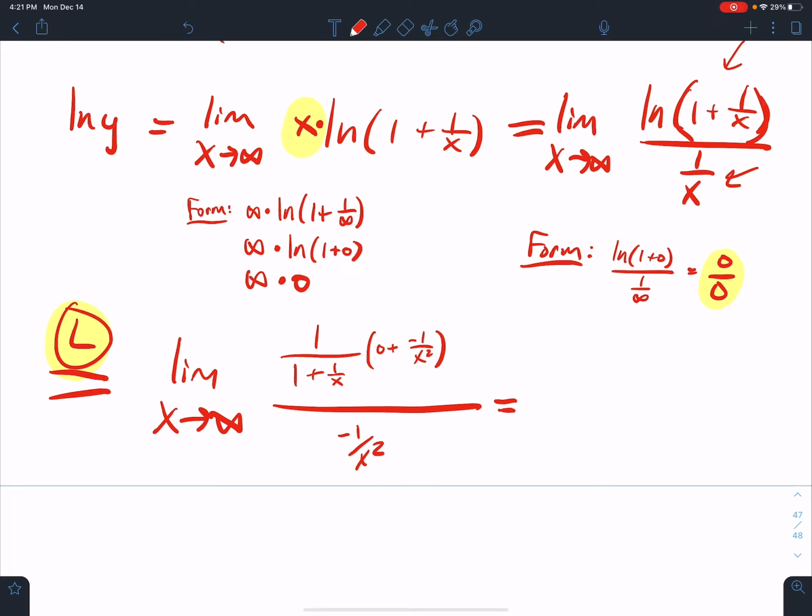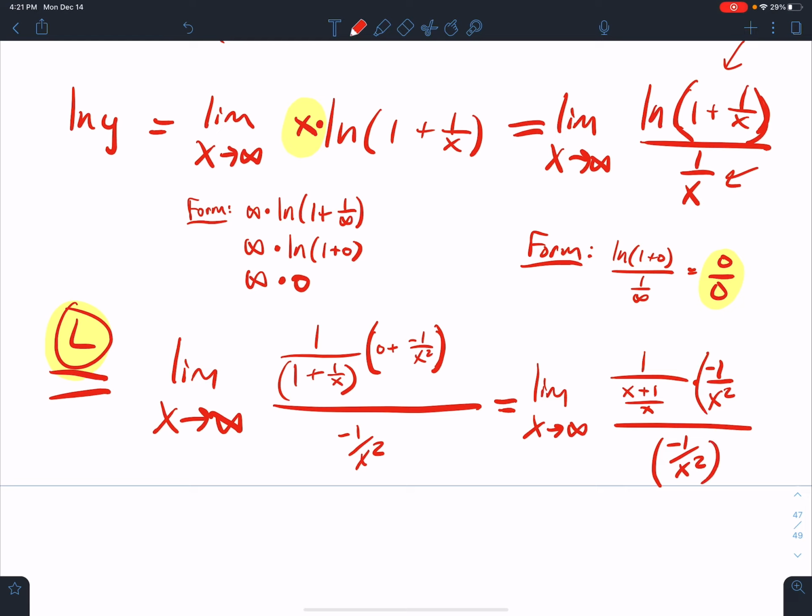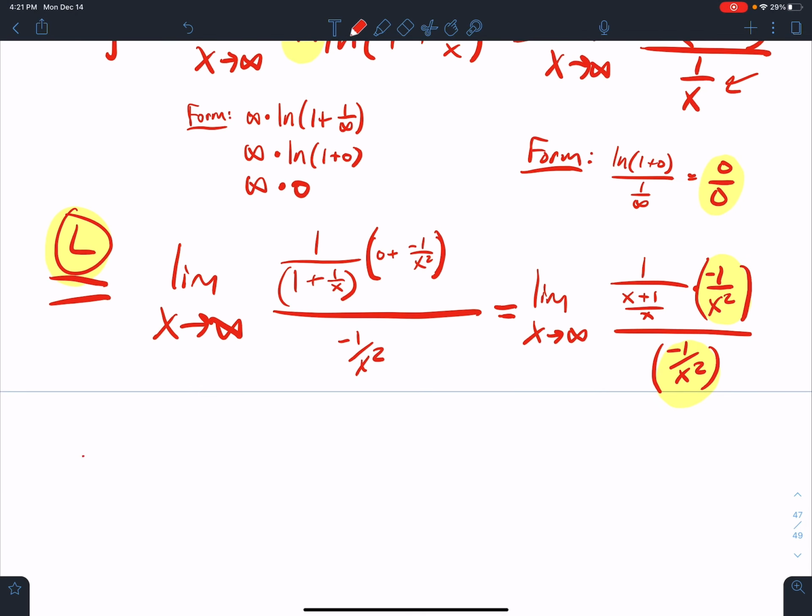Let's do some algebra to simplify. Limit as x goes to infinity. This is 1 over, if I combine this, I'm going to get x plus 1 over x. And then this is going to be negative 1 over x squared. There's a reason I'm not simplifying this quite yet. And I think you're going to see why. Because what can I do here? These two factors look like they're going to cancel each other, right? So what does that get me? That gets me the limit as x goes to infinity of 1 over x plus 1 divided by x.